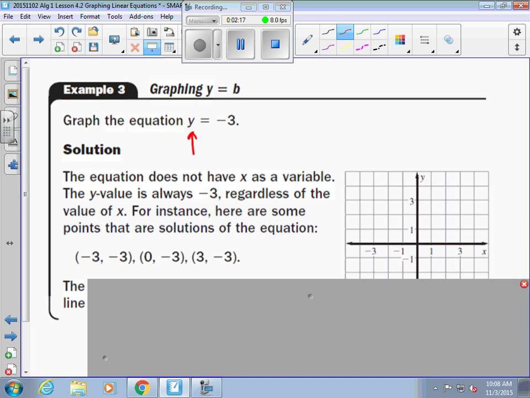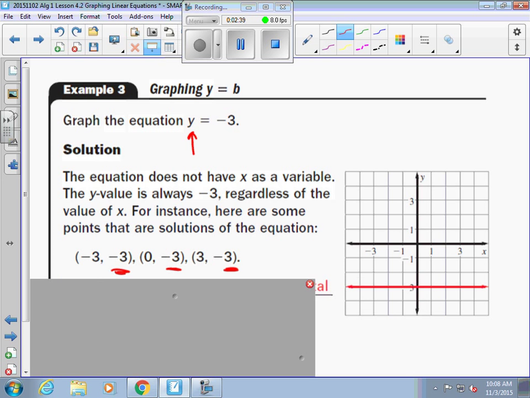Since it doesn't have an x value, all of those x values are going to be different. Notice, though, that all of the y values are exactly the same. Y's value is -3. That is true based on the equation. So each one of these 3 points would be a solution to this equation because they're all at -3.